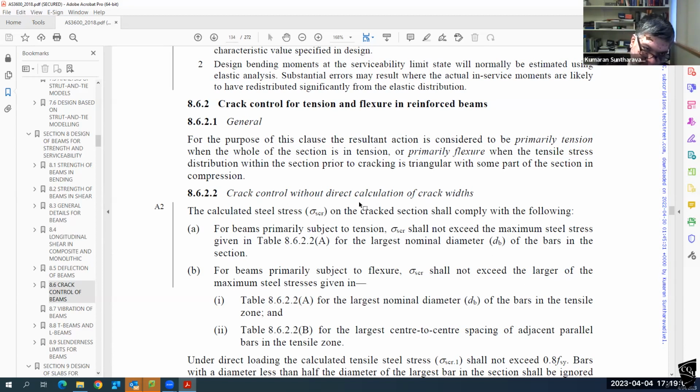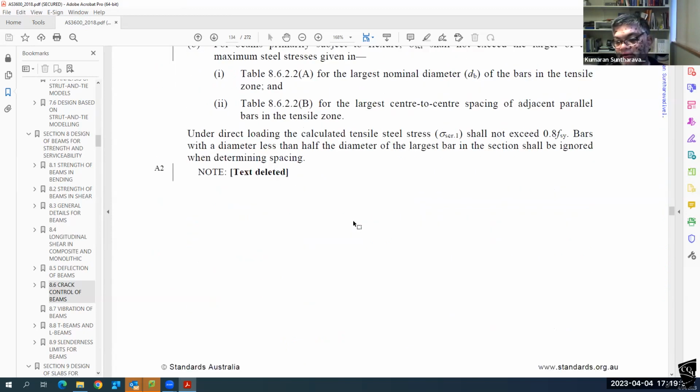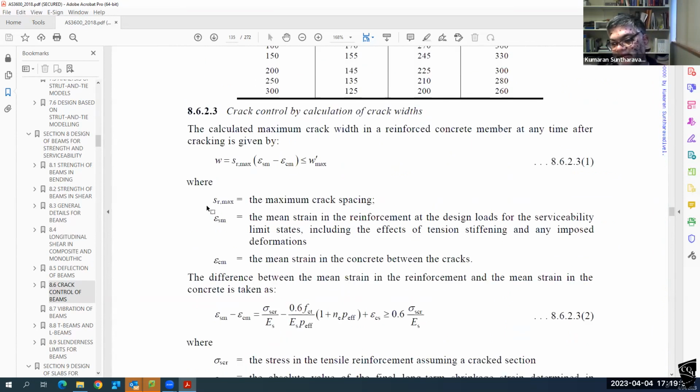That's the easier one. So you just need to calculate the stress in the tension steel under service load. I think I worked it out in one of the worked examples under the study guide. That is much easier than calculating all this crack width.